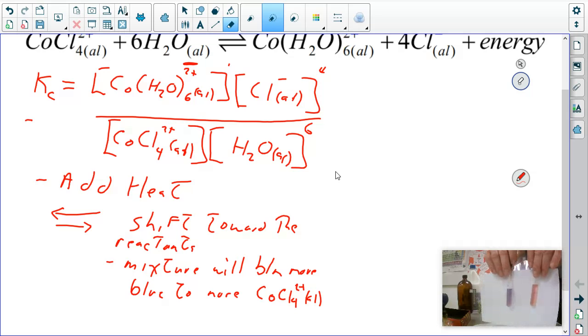And it's a fairly significant change. So we can see that by adding heat, we do end up having this become more blue, shift towards the reactants, creating more of a blue compound. Any questions with that?